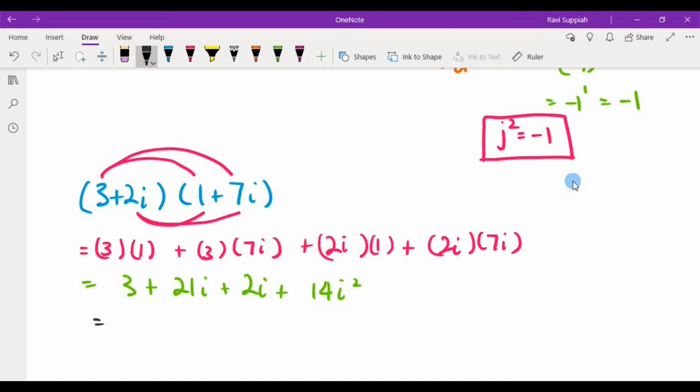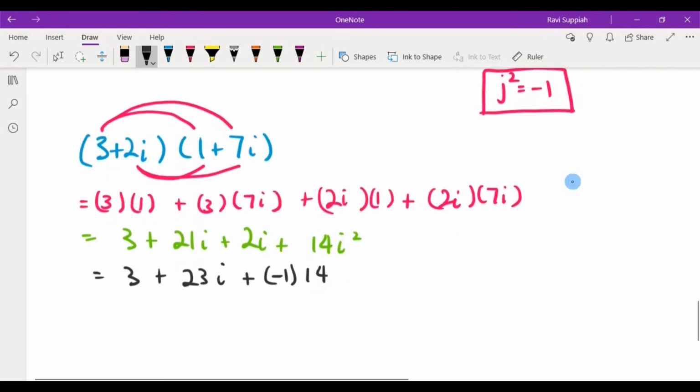Okay, and then 3 plus, so this i and i, they are both imaginary numbers, so they can be combined together. And i squared, we just saw it is minus 1, so if you want to be very sure you don't make any mistakes with the plus and minus, you can put the minus 1 first in a bracket, and then you open up the bracket. Why I say this is a good approach is because if this sign was a negative, then again things would change.